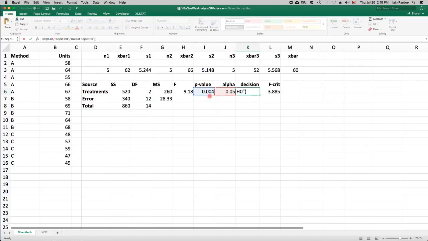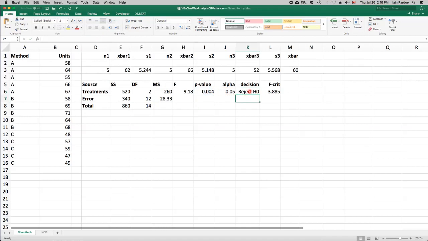So 0.004, smaller than 0.05, so we reject the null hypothesis in favor of the alternative. The null hypothesis here says that the 3 treatment means are the same, and the alternative hypothesis says that the 3 treatment means are not all the same.